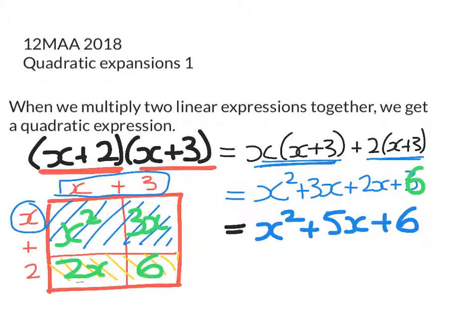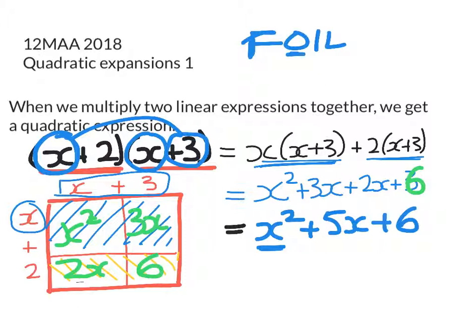Typically, many of you will use the acronym FOIL, which tells us to multiply the first two terms together first. That's our x squared. Then the outside ones, x times 3. Then the inside ones, 2 times x here.